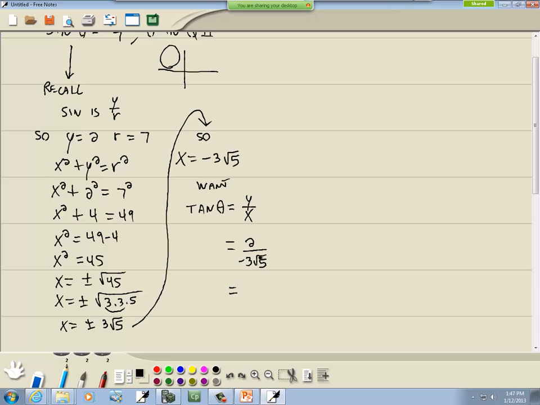Can't have the square root of 5 downstairs, so multiply top and bottom by it, and I'll put this negative up on top. So I got negative 2 square root of 5 over, this would be 3 and square root of 5 times square root of 5. Which gives us negative 2 square root of 5 over 15. Because square root of 5 times square root of 5 gives you 5. And that's our answer.